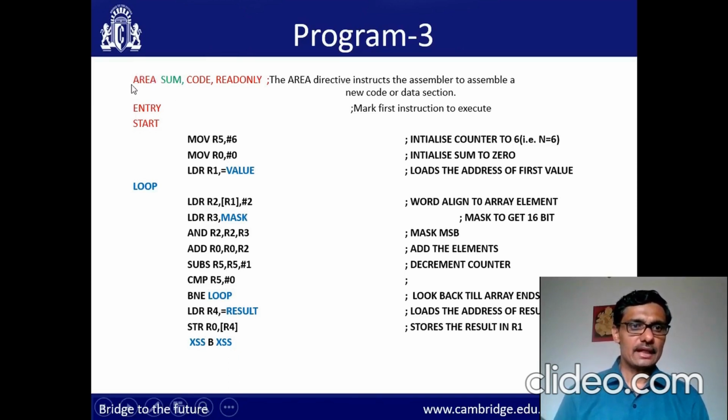As I explained in my previous program, the AREA assembler directive instructs the assembler to assemble a new data or code area. Here it is a code area, because this attribute defines that. That code area is read only; by default it is read only, or we can explicitly mention it using the READONLY directive. The ENTRY directive marks the first instruction to execute.